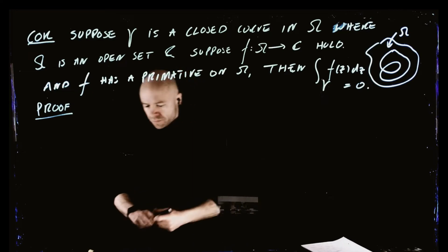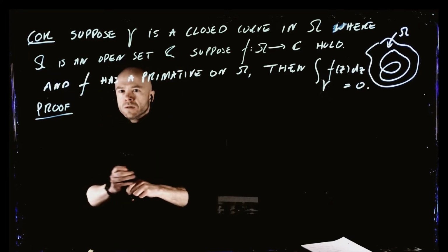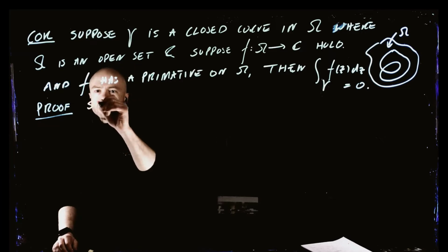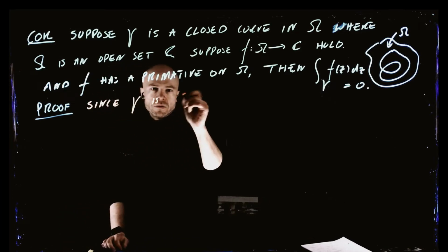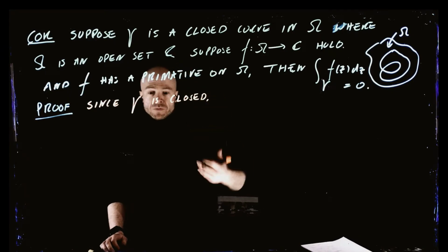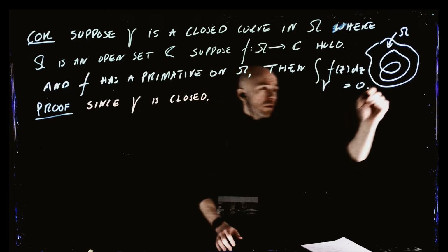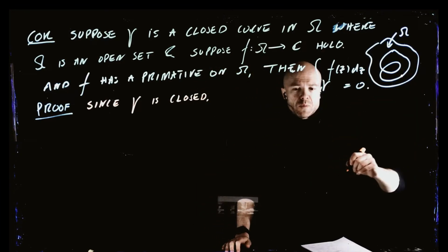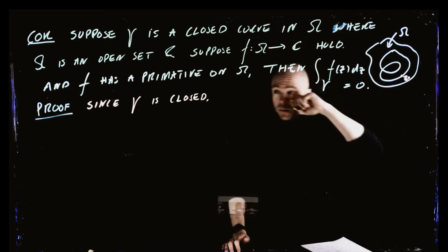Yep. So, why so? Since gamma is closed, whatever start point we choose, that's also the end point. So if this is the start point, z0, it's also our end point.